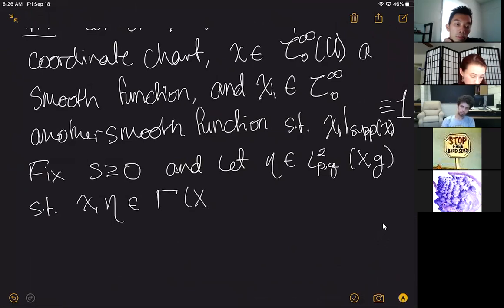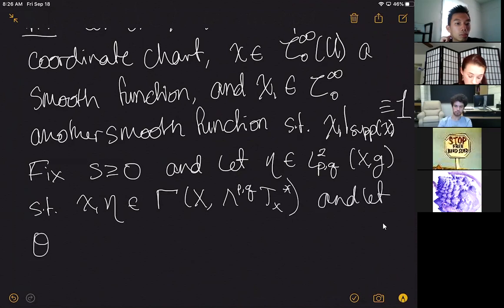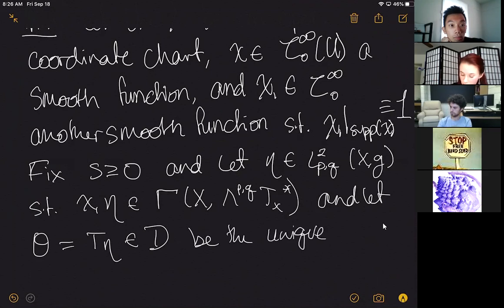So it's a smooth PQ form. And let theta be T eta. So this is in our domain D of our F, the unique solution of F theta is equal to eta.